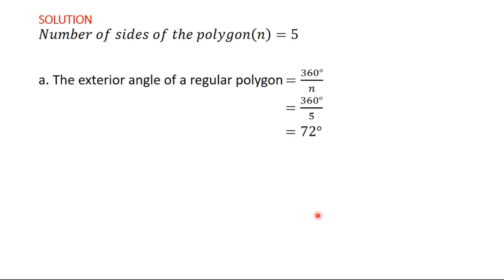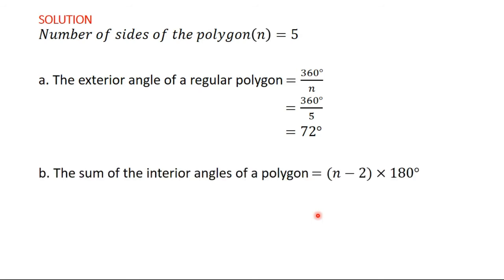So if you have a regular pentagon, that is all sides are equal, then the exterior angle is given by 72 degrees. The sum of the interior angles of a polygon is given by n minus 2 times 180. We are supposed to find the sum of the interior angles of this polygon, which is a 5-sided figure, a pentagon. So we replace n with 5.